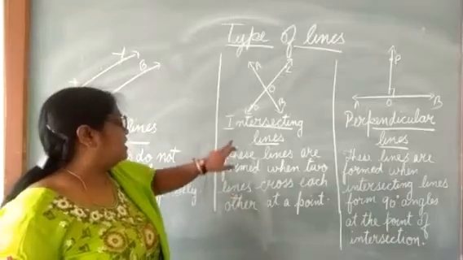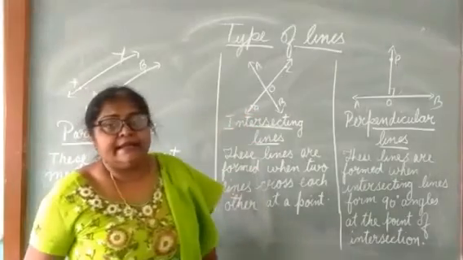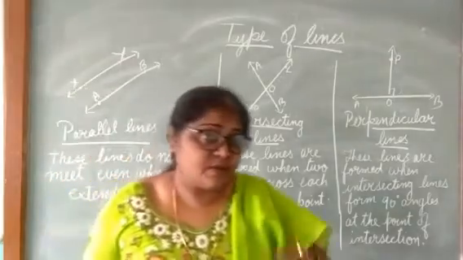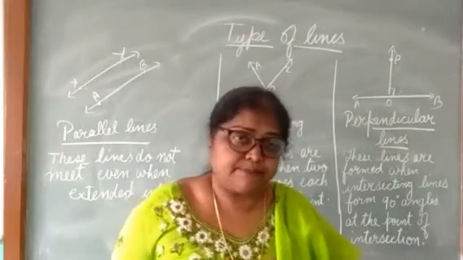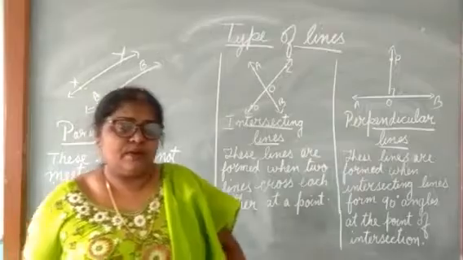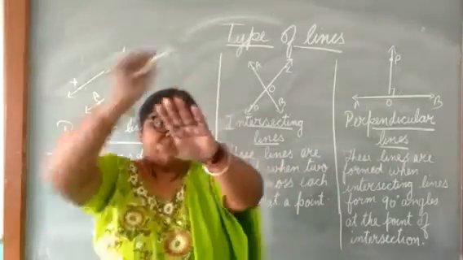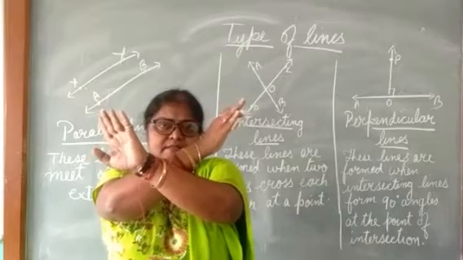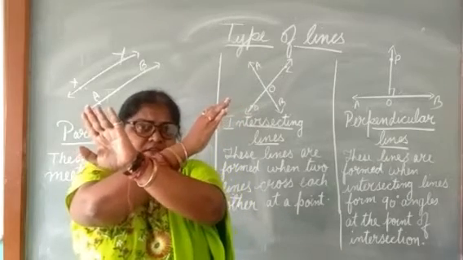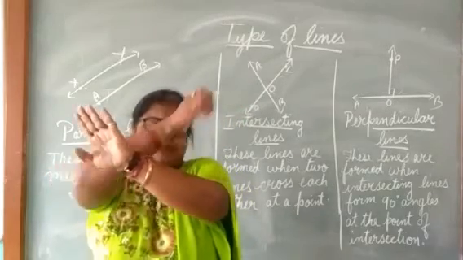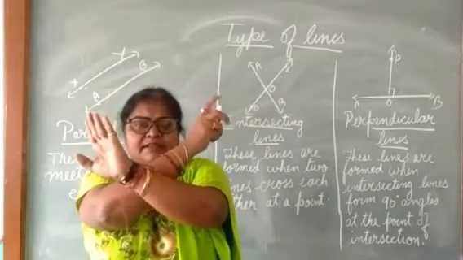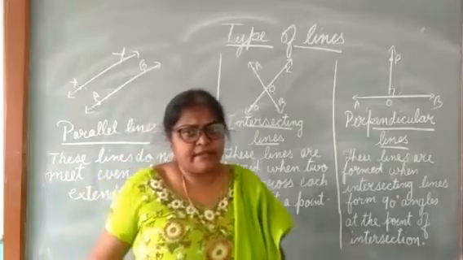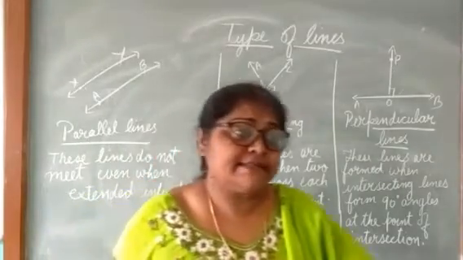This type of line is known as intersecting line. The two lines cross each other at a point. This is the point. So this type of line is known as intersecting line.